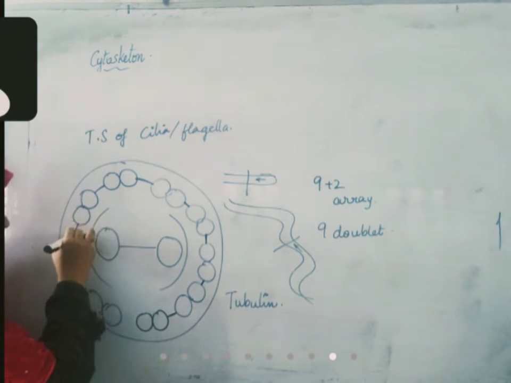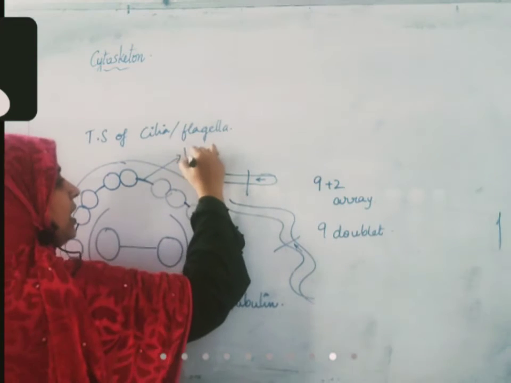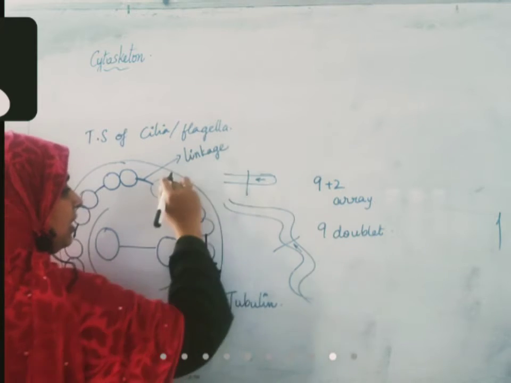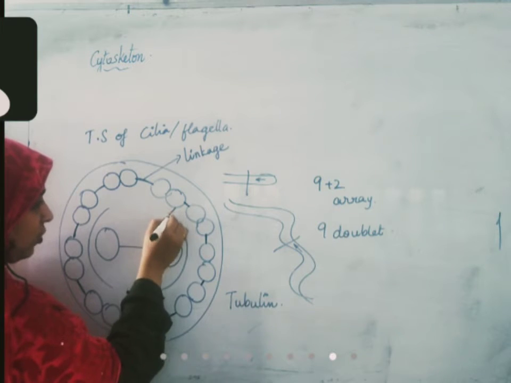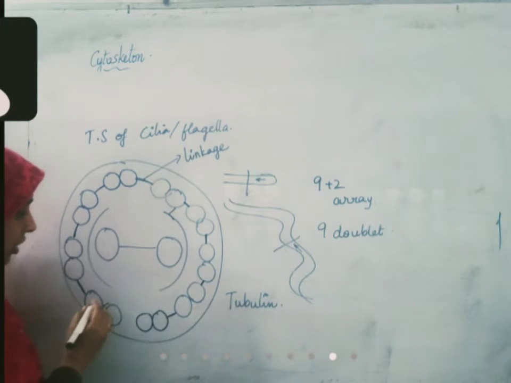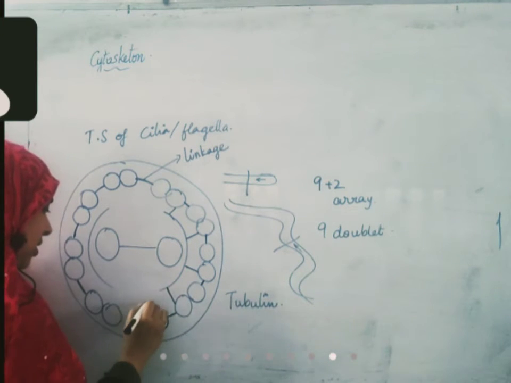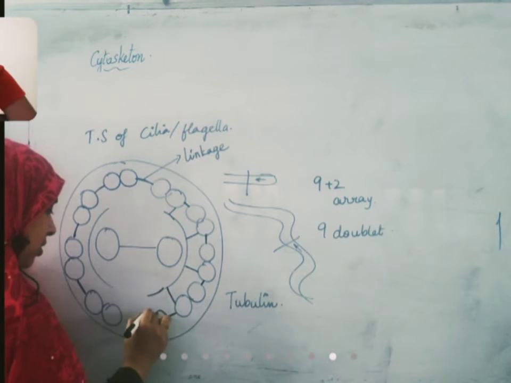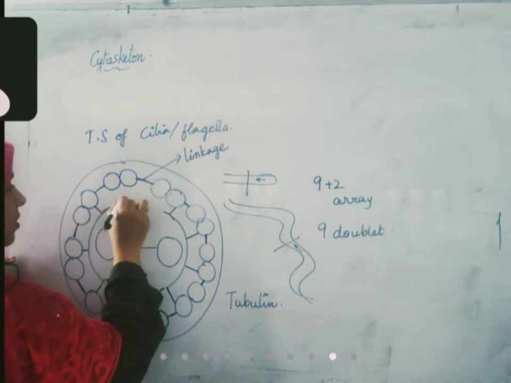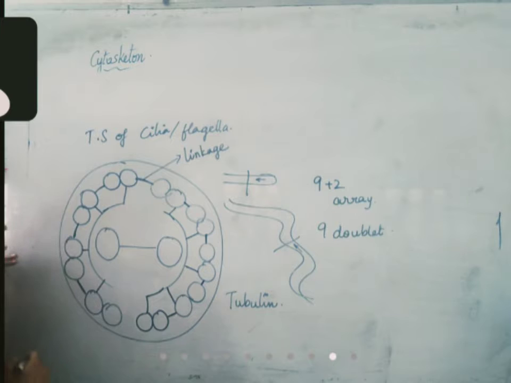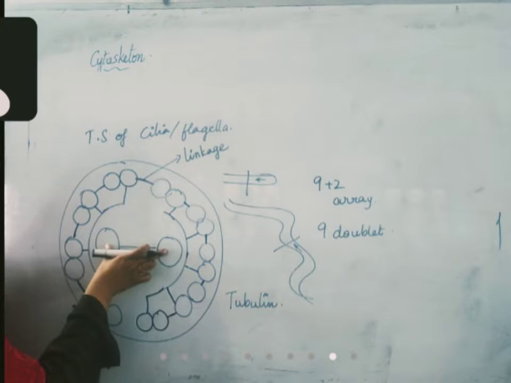And each doublet is connected to this central sheath by a small bridge-like structure, which connects all of these like this. This is the central sheath, and in between there are 2 microtubules which are connected.